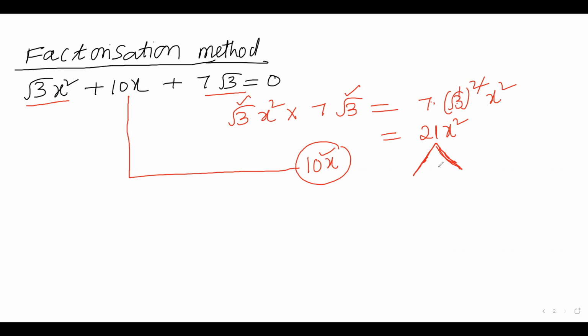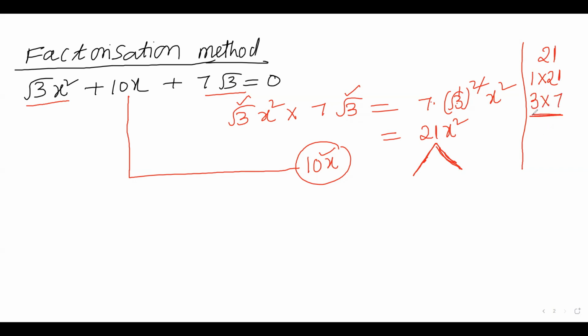When I multiply both the parts, I should get 21x square. So for that, I will check the factors of 21. 21 can be written as 1 21s, or else you can write 3 7s.